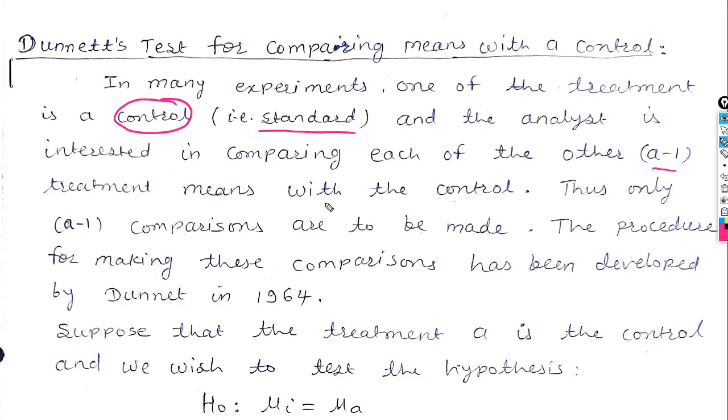Thus there are a minus 1 comparisons. The procedure for making these comparisons was developed by Dunnett in 1964.